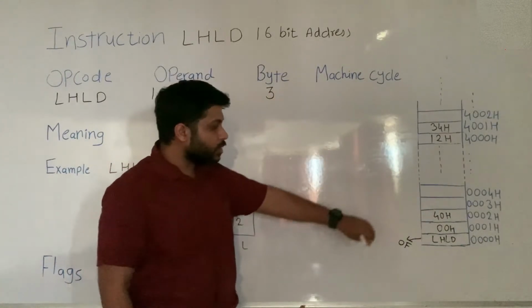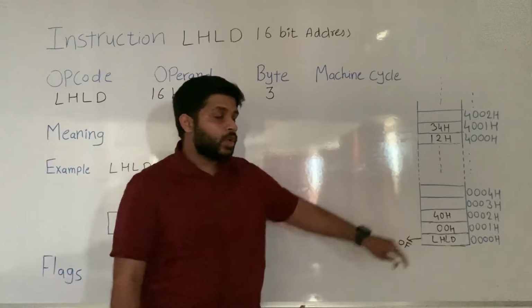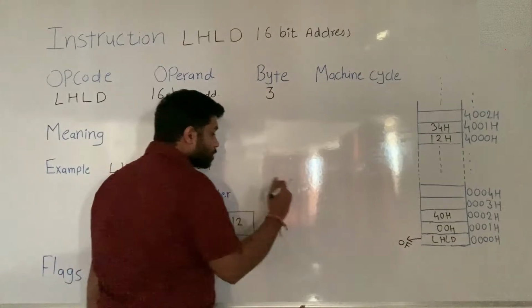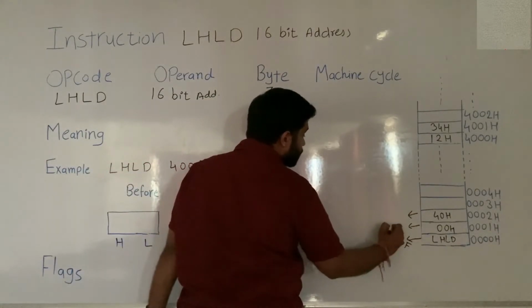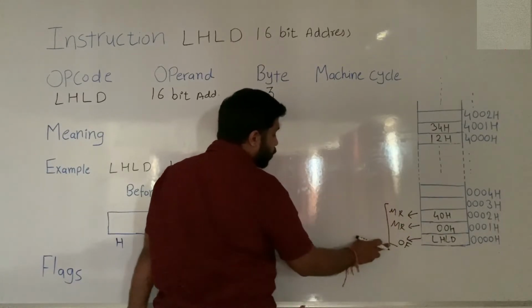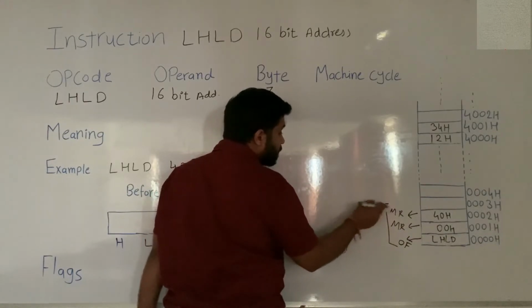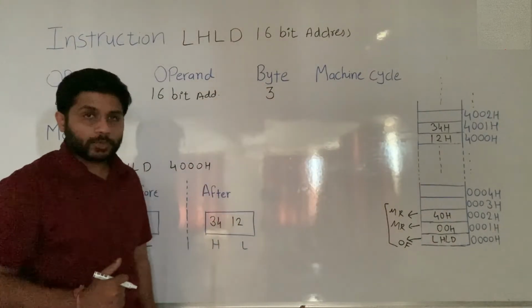To read this whole instruction, the processor has to read the remaining addresses too. So the processor has to perform 2 more machine cycles, which are memory reads. So when the microprocessor performs opcode fetch, memory read and memory read, this whole instruction will be transferred to the microprocessor.